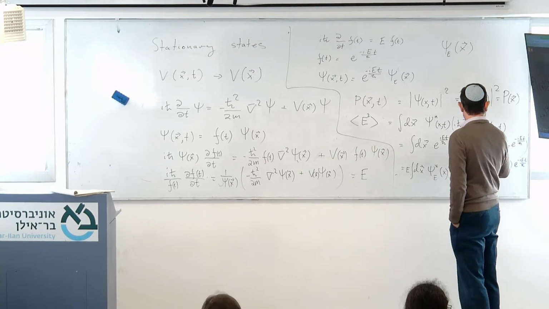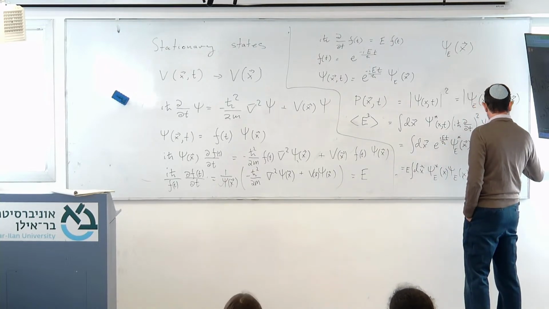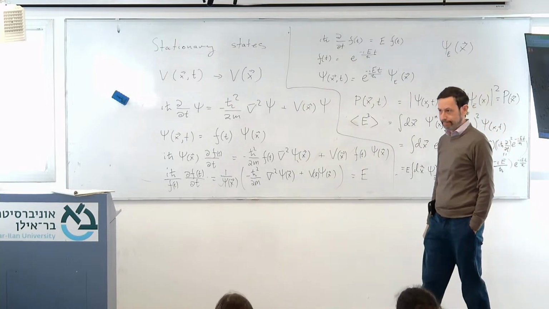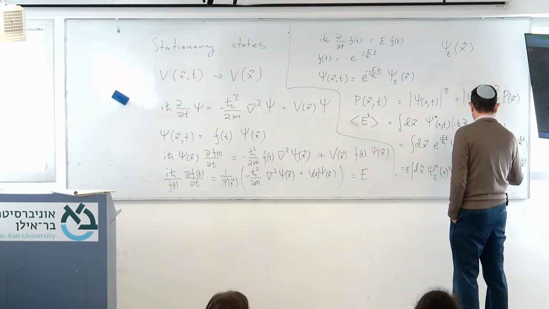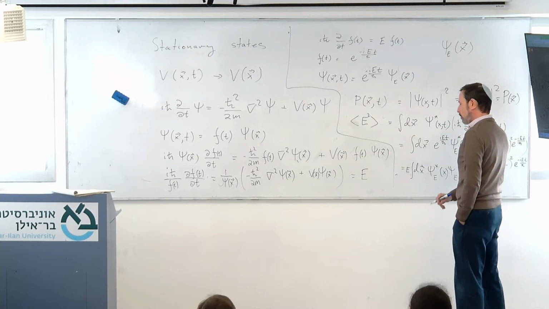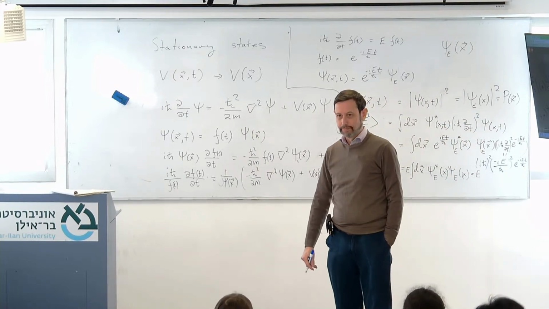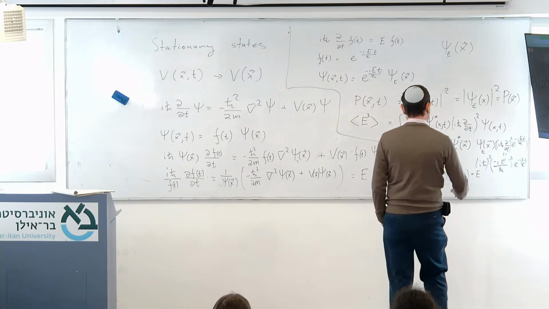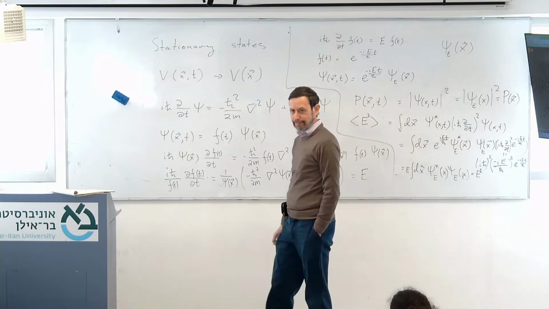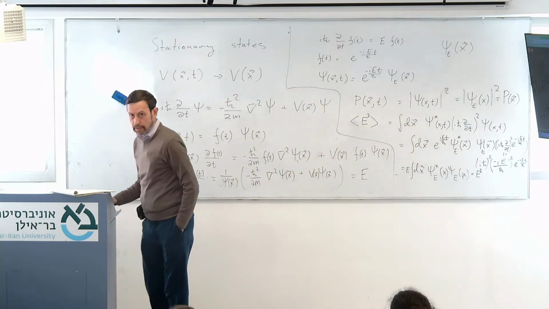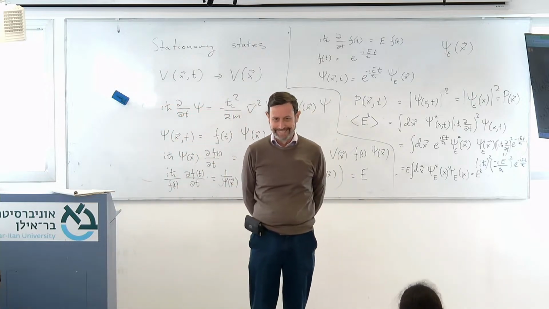If I square it, the only thing that changes here, again, it's squared. So this is squared and this is squared. And I end up with E squared here. We do it to the power of 3, 4, whatever. Power of n.